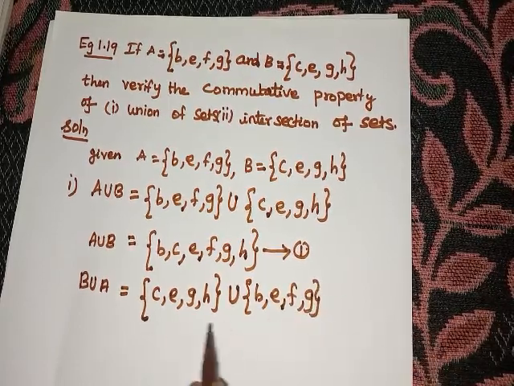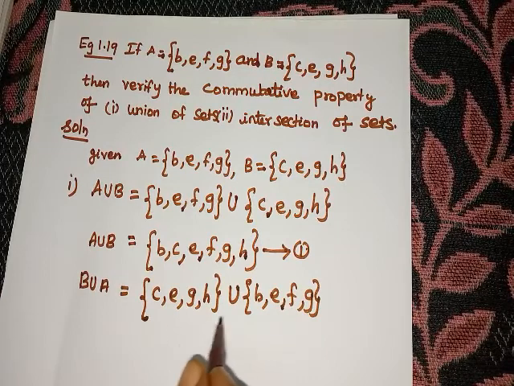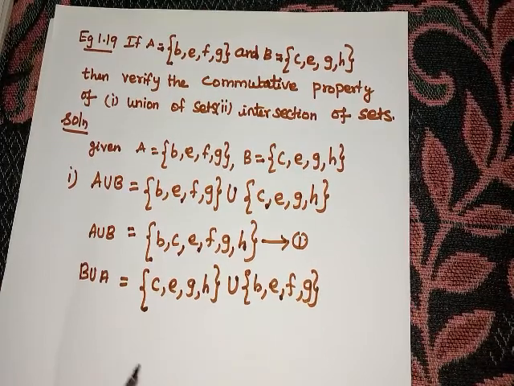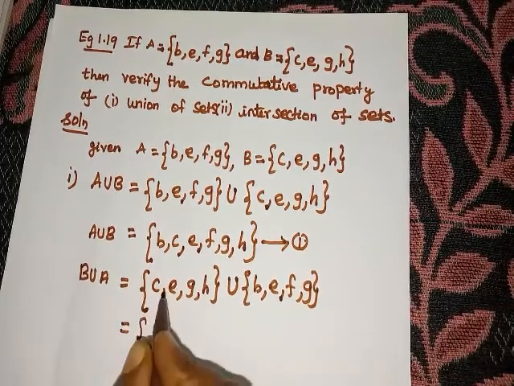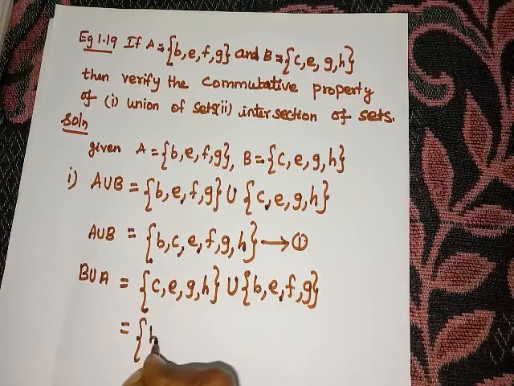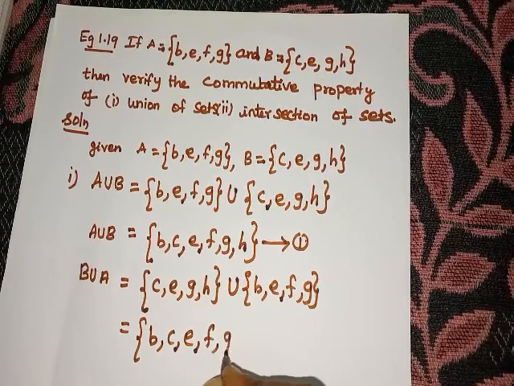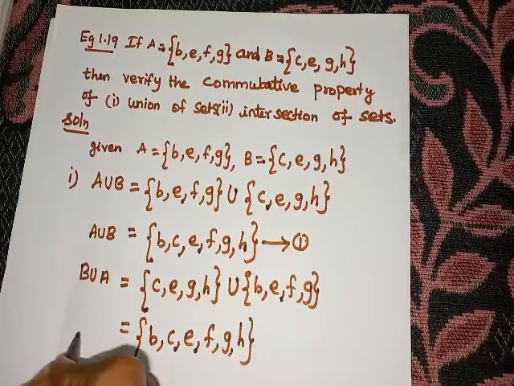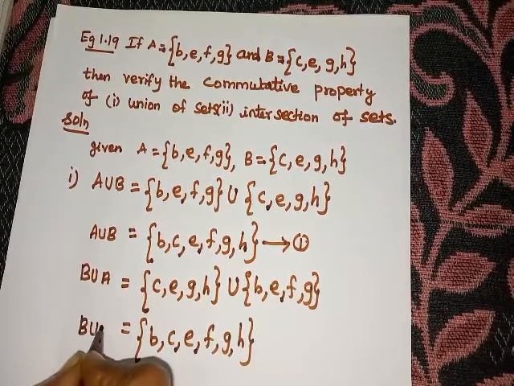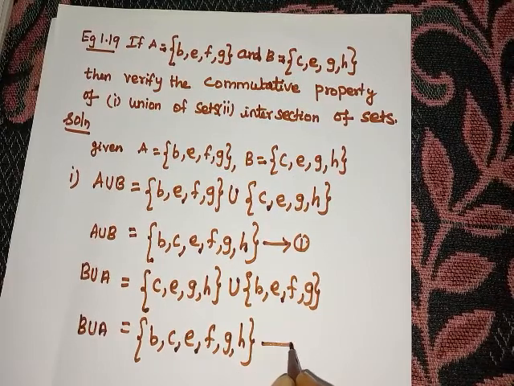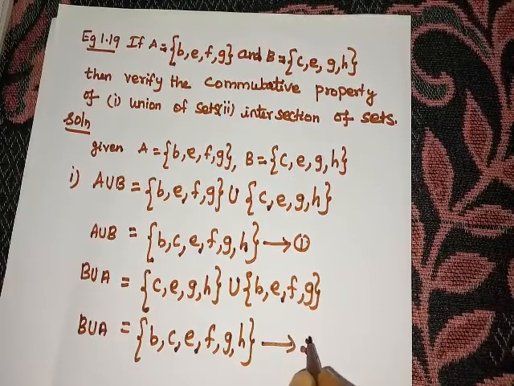Now we have to combine, join both sets. Which is equal to, first orderly, let's write B, C, E, F, G, H. It is B union A. Let's call this equation number 2.